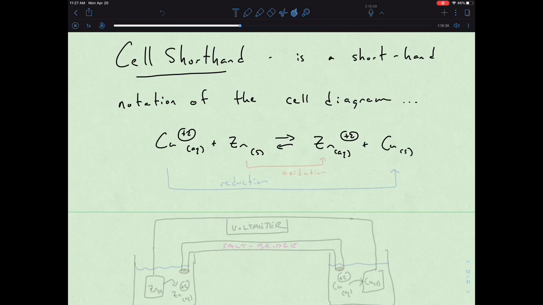we actually drew a diagram for that, showing what is being oxidized and what is being reduced. Remember, our copper here was undergoing the oxidation. I apologize, the reduction.